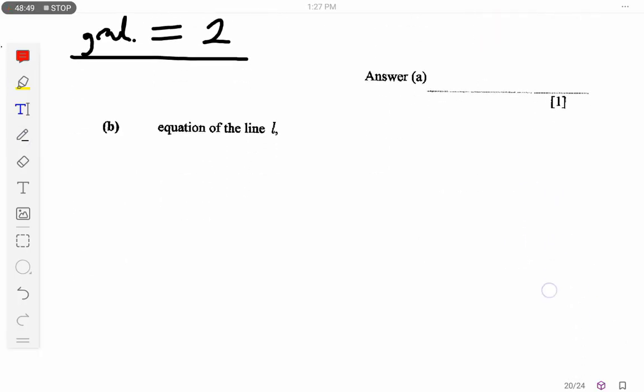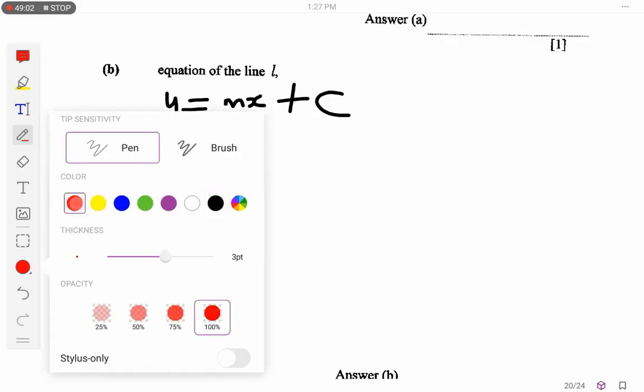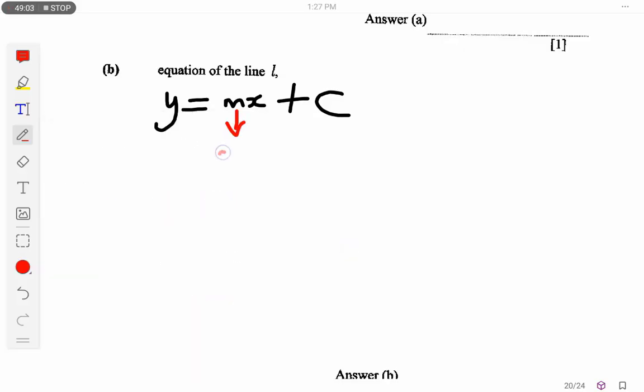Then the equation of the line L. Basically, equation we write in the form y equals mx plus c, where m is the gradient and c is the y-intercept.